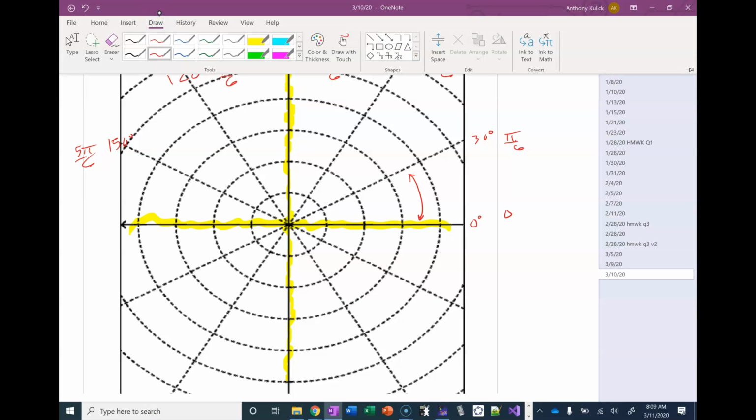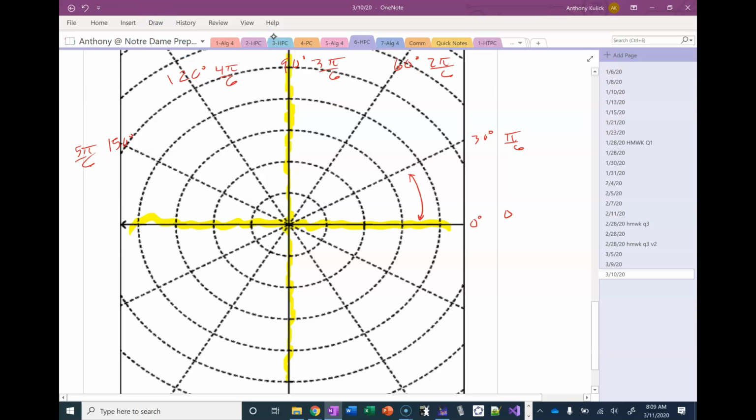And then the other piece of this is that we have all these concentric circles, right? So this first circle is a unit circle. Its radius is 1. The next circle out is a 2-unit circle. Its radius is 2.